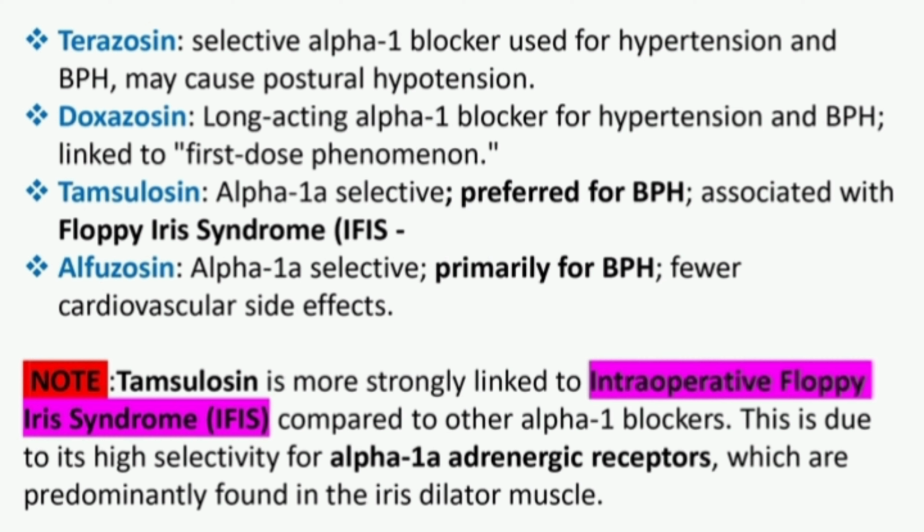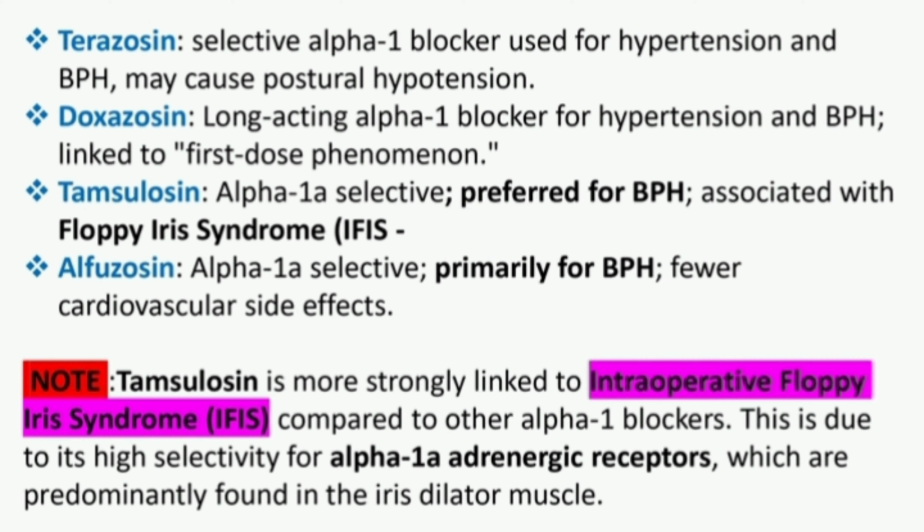But the highlighted point is that tamsulosin is associated with floppy iris syndrome. We can expect questions based on that. The next drug is alfuzosin, a selective alpha 1 blocker primarily used for the treatment of BPH, and it shows fewer cardiovascular side effects.